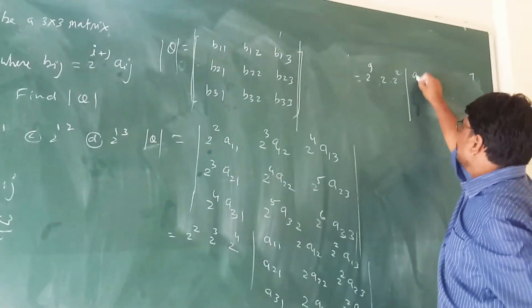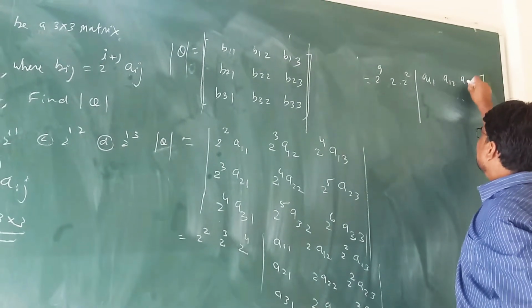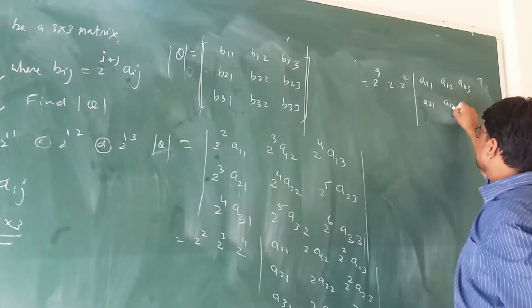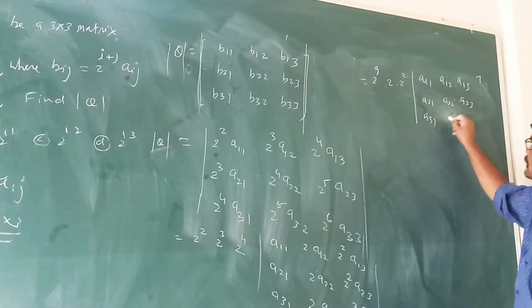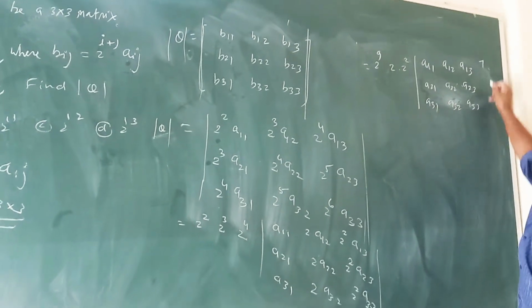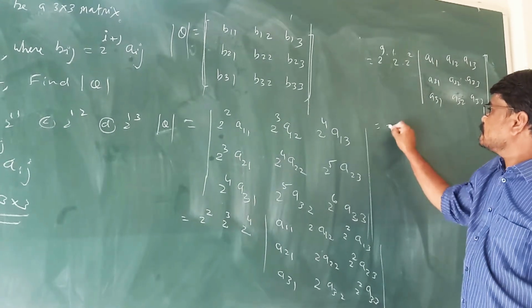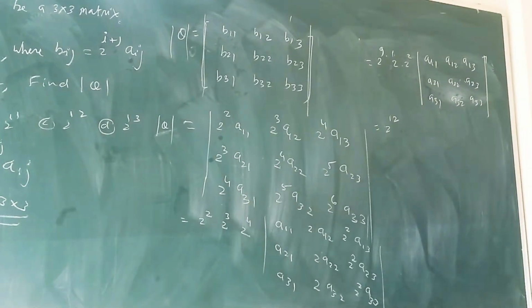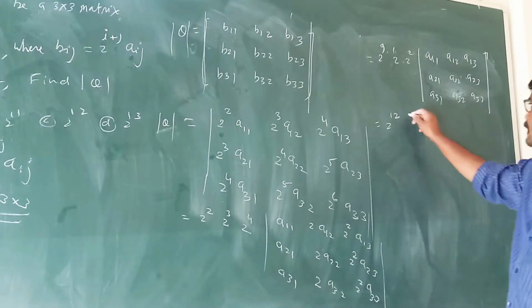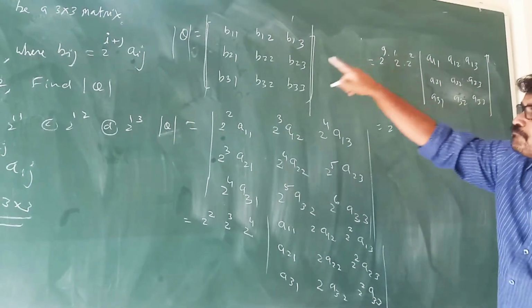So now a11 a12 a13 a21 a22 a23 a31 a32 a33, got the point? So 1 9 10 12, 2 की पावर 12, करेक्ट है, 2 की पावर 12 और ये डिटरमिनेंट P है.